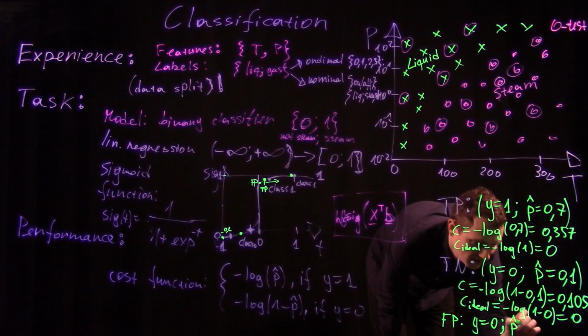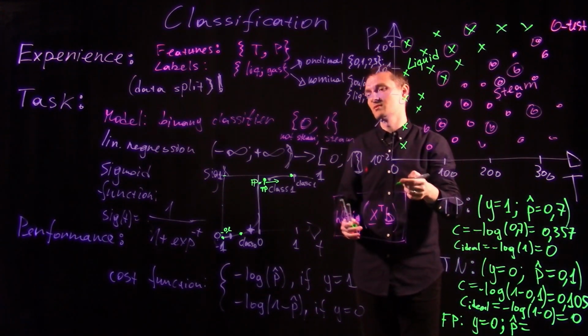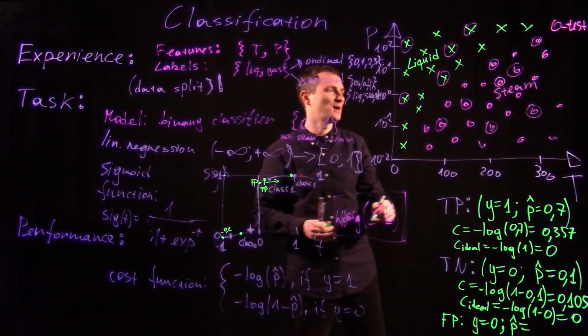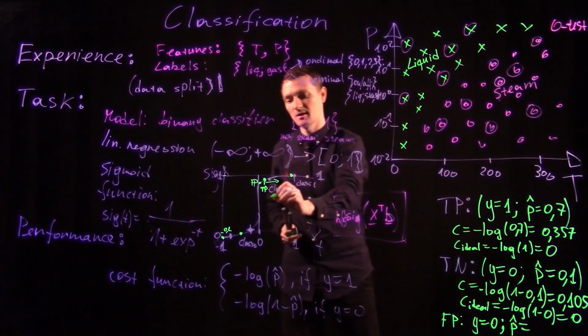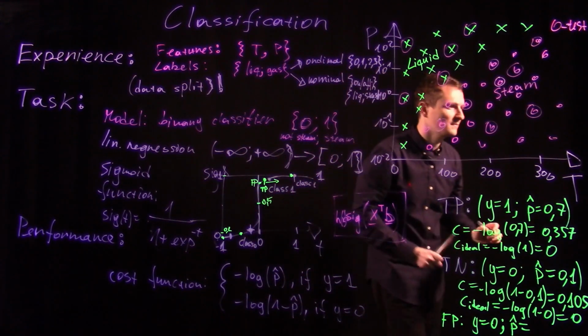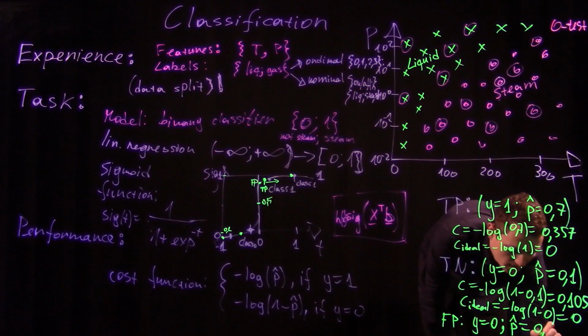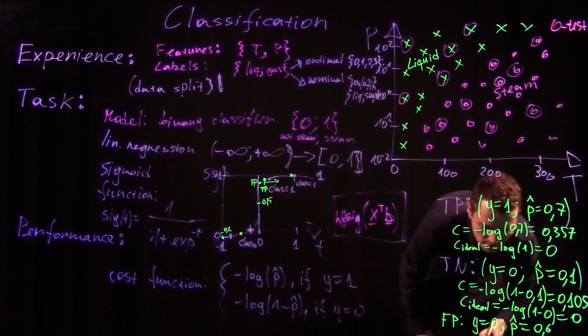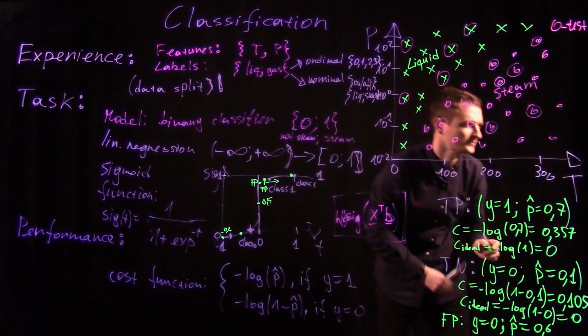But at the same time, the probability that this point belongs to the class 1 is higher than 0.5, because 0.5 is here. For example, let's say 0.6, so a little bit to the right.